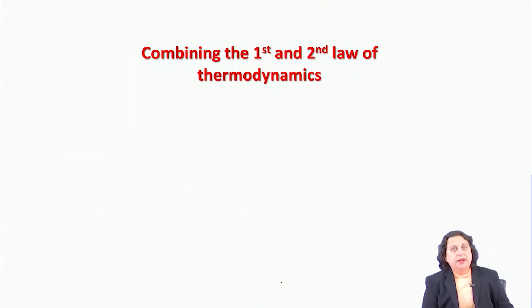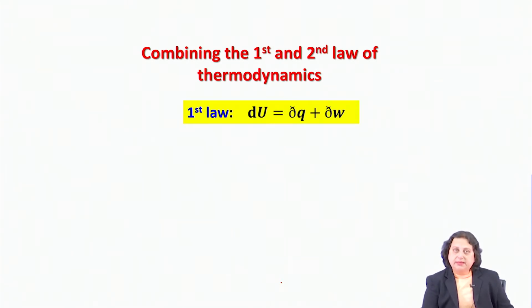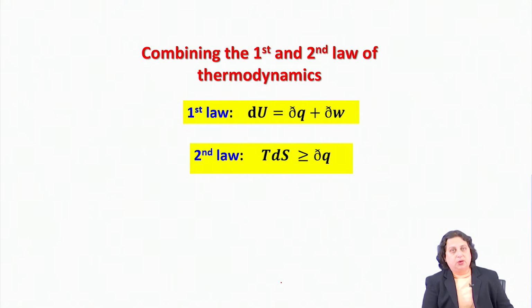Now, if I combine the first and the second law of thermodynamics, this is the mathematical statement of the first law of thermodynamics, which says dU is equal to dq plus dw. Now, the second law says TdS is always greater than or equal to dq.